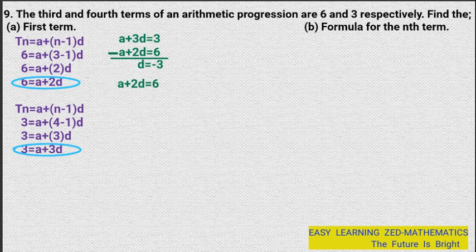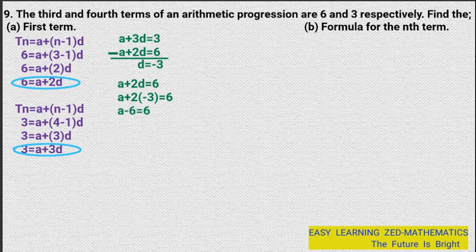So I'm going to write a plus 2 multiplied by negative 3 is equal to 6. Then I'm going to deal with the bracket. When we multiply, positive 2 times negative 3 will give us negative 6, which is equal to 6.